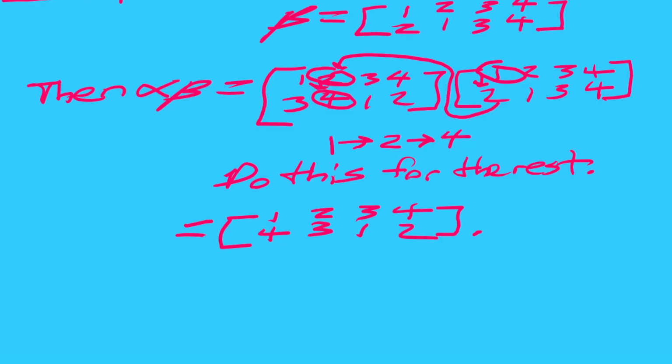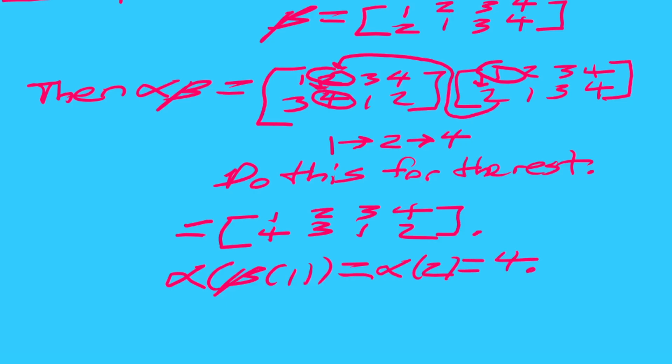And another way we can write this, in terms of composition, is that alpha of beta of 1 equals alpha of 2, which equals 4. So this array is our alpha beta once we map all the elements and see what our pattern is.